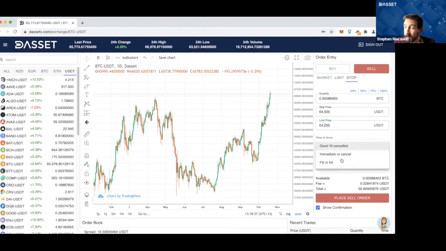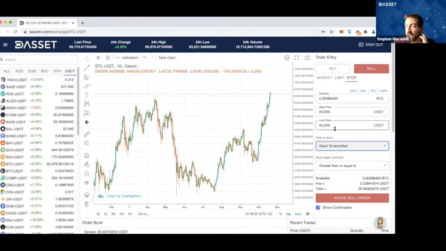I can even do a fill or kill. I can add multiple stop orders that are triggered, and the order might fill in one of them or might fill in another, depending on these conditions.